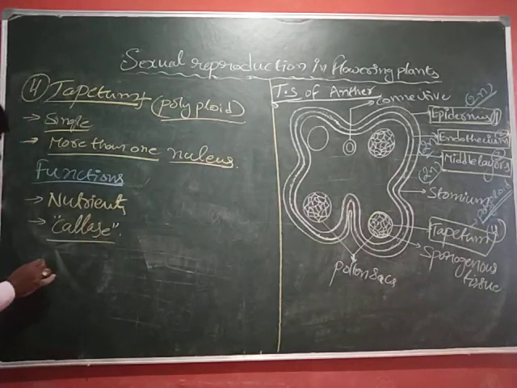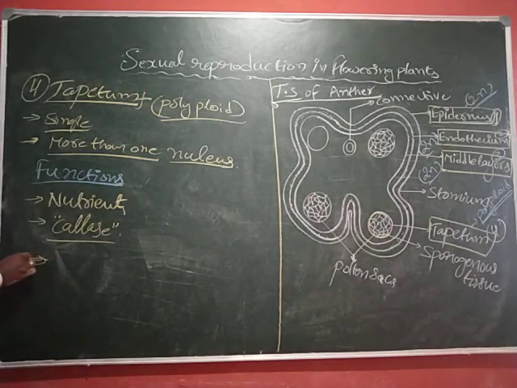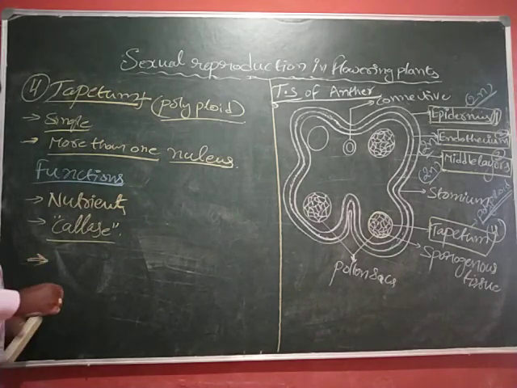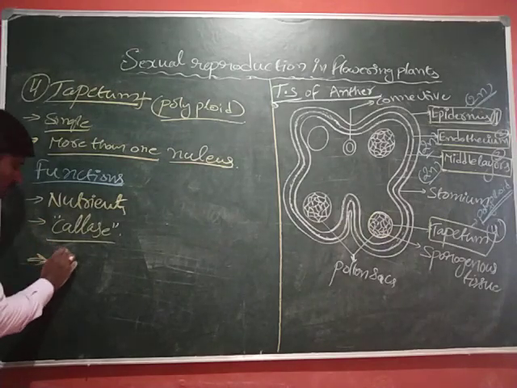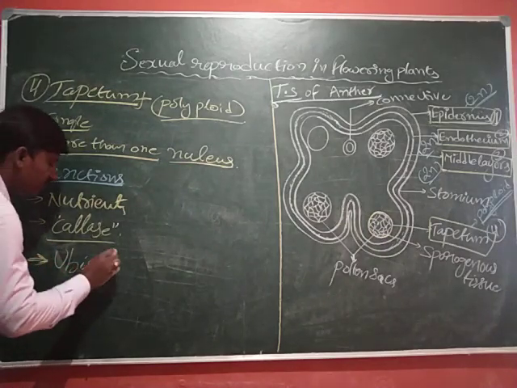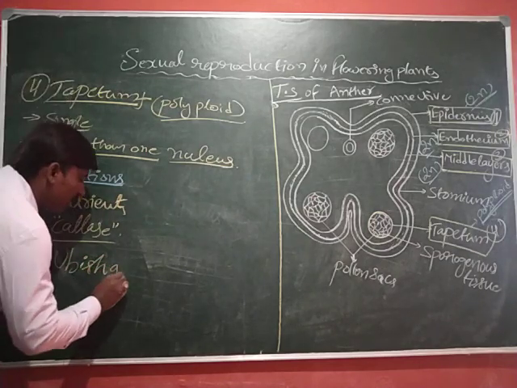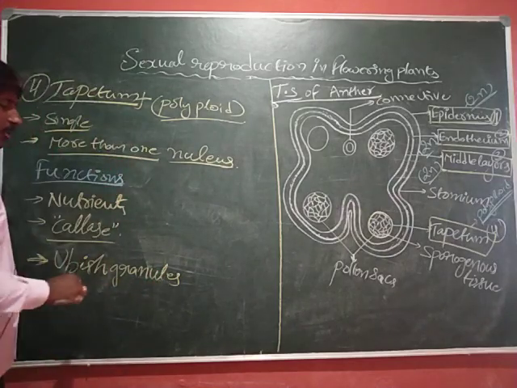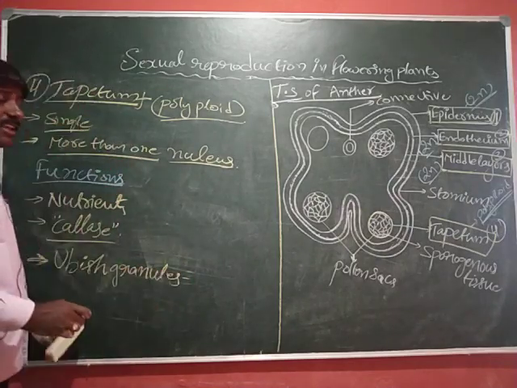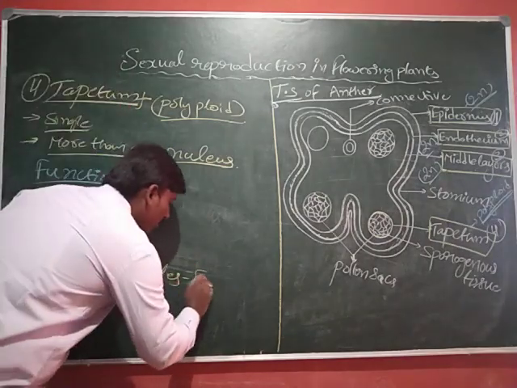The tapetum is also involved in the production of Ubisch granules. Ubisch granules are an extracellular matrix.